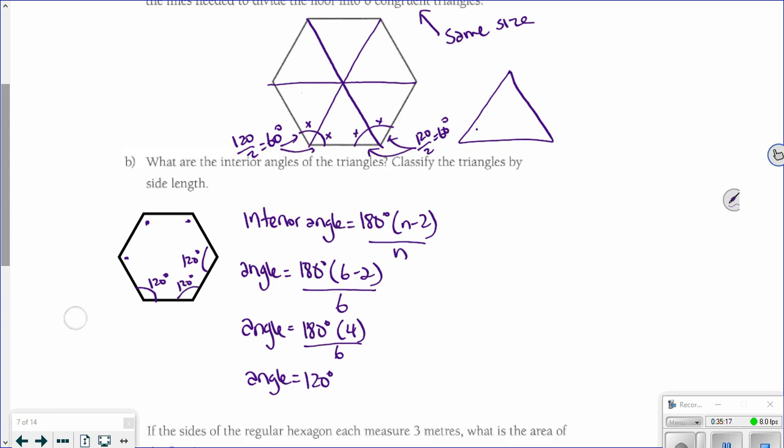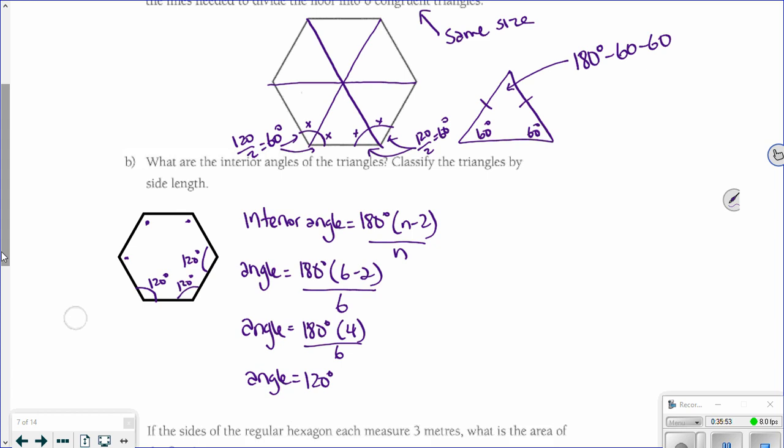So in my triangle, if this is 60 degrees and this is 60 degrees, I right now know that these two sides have to be equal to each other. That's an isosceles triangle property. If the angles at the bottom are equal, those two sides have to be equal as well. I need to figure out how big this top angle is in order to completely classify my triangle. And I do that because I know a triangle adds up to 180 degrees, and I'm going to subtract the two angles I know.